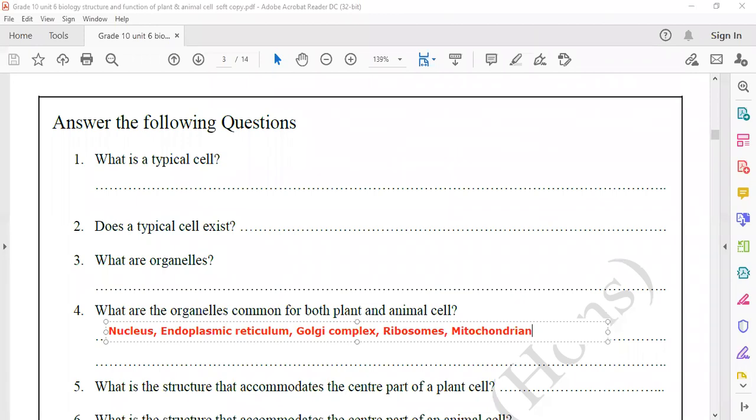I hope when you are writing it, you will get more space to write, though I am typing all of them in one line. You will occupy more space there.